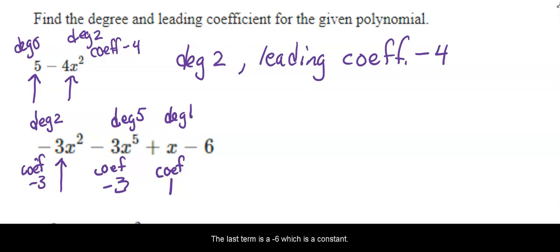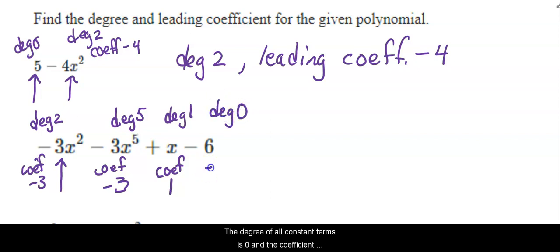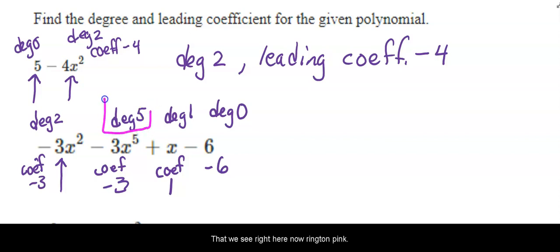The last term is a negative 6, which is a constant. The degree of all constant terms is 0, and the coefficient is the constant, negative 6. The highest degree we see on any one term is the 5th power that we see right here, now ringed in pink.